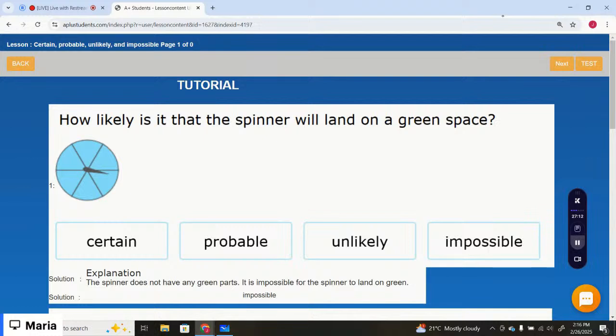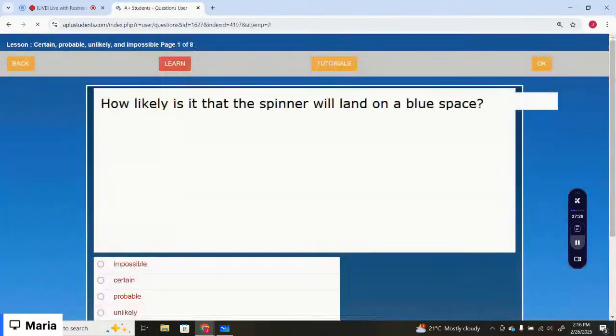Impossible, because you can see the spinner does not have any green portions. It is impossible for the spinner to land on green. The spinner has no green portion, so how will it land on green? Let's just start with the test questions.